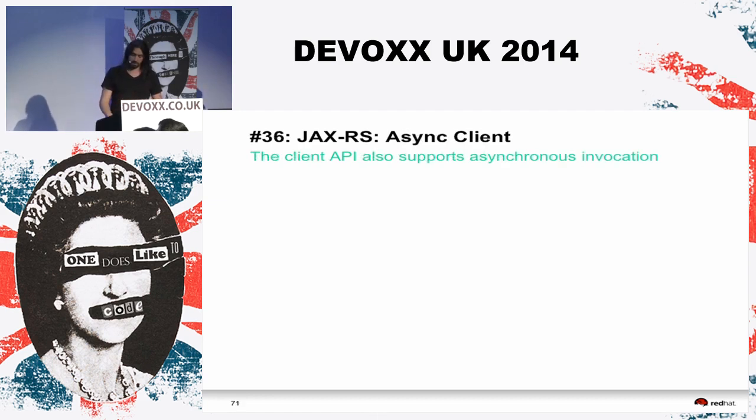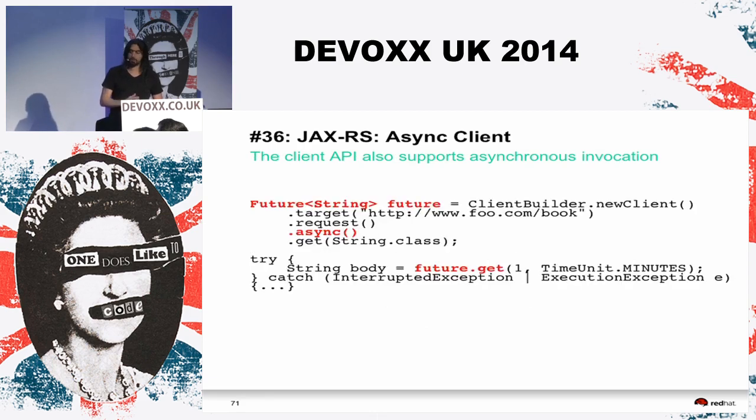Asynchrony. Now you can have an asynchronous call within the client and the server. The way we do that is we use the same API, as you can see, .new client .target .request, and we have this async method. So we're saying we want to do a get, but asynchronously. And as you can see, it returns a future. And then I do a future get, the get being blocking.